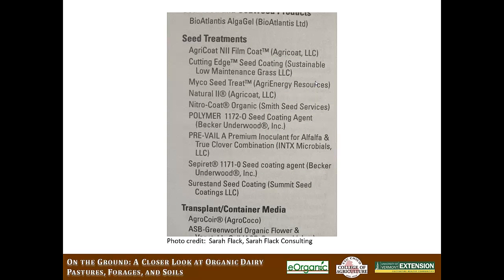This is an example of the section where the list of allowed seed treatments is in the OMRI book. So they are listed under seed treatments in the crop materials section, and you can see there's a whole bunch of allowed seed treatments that have been reviewed by OMRI.